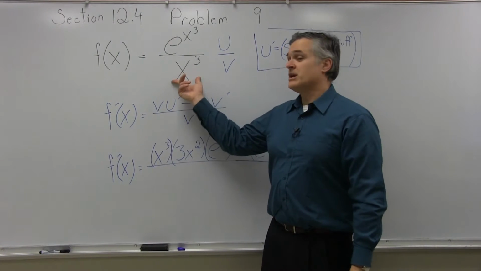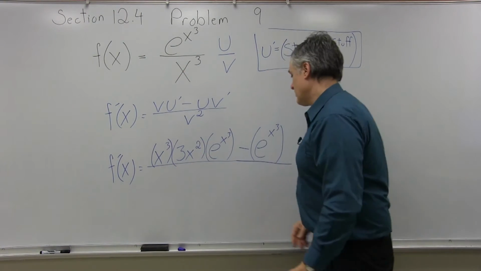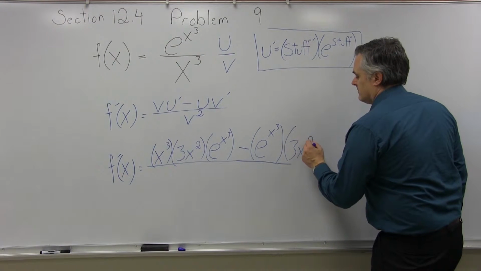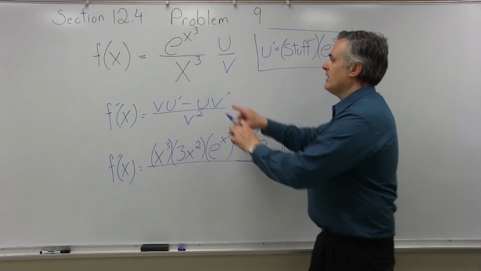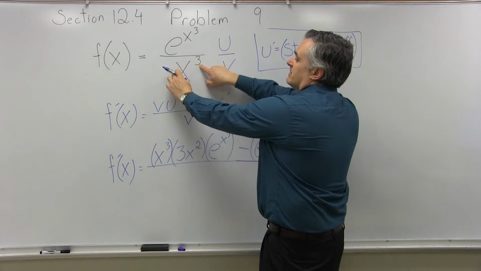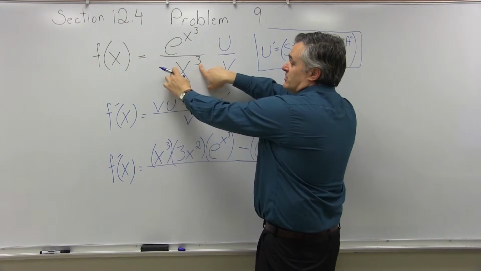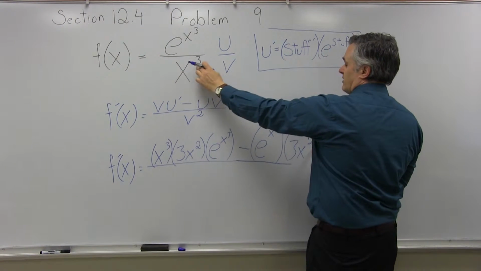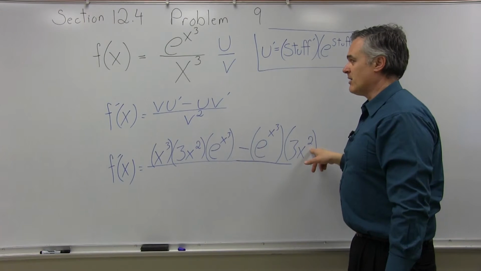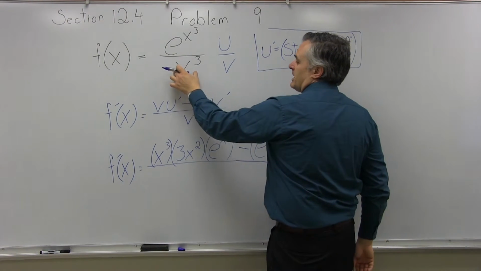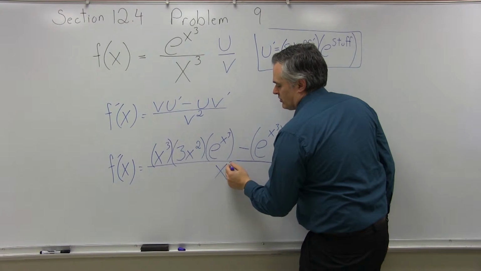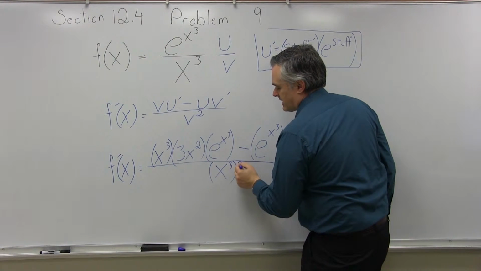Well, v, the denominator, is x cubed, so v prime, again, will be 3x squared. The exponent of 3 comes down times the number in front, which isn't written but understood to be 1. 3 times 1 is the 3 again. X to 1 less power, the third power drops down to a second power. And in the denominator, I have v squared. So I'll have x cubed, put that in parentheses, and raise it to the second power.